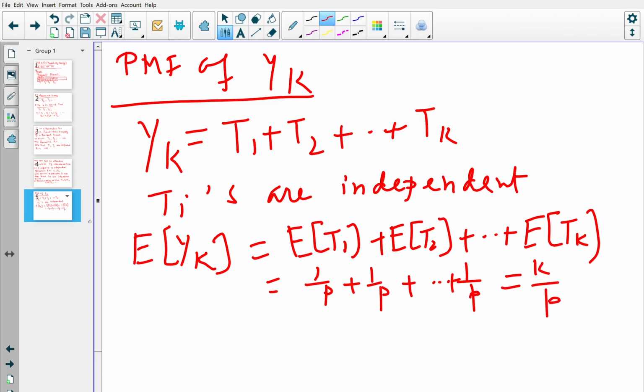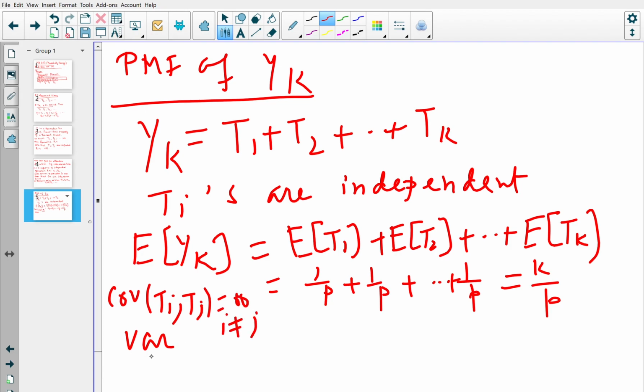Okay. Similarly, the variance you can also easily find because they are independent. The covariance of Ti and Tj will be 0 for i not equal to j.